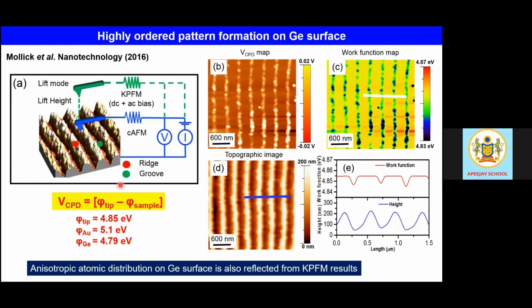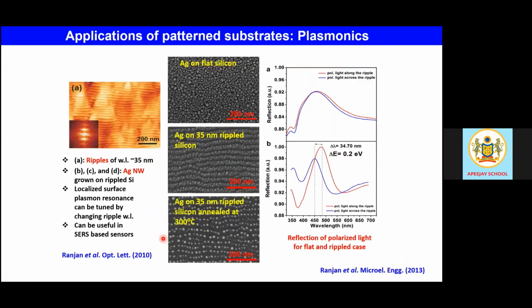And it is amply clear that they match neither the pure gold work function, nor the known work function value of the tape used, nor the pure germanium work function. That's why, because we know by now through other composition analysis studies that the gold germanide phase also exists, it is intermediate.